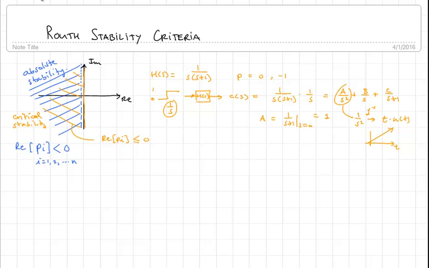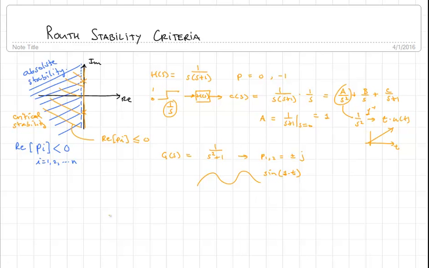The same is true if you have a transfer function, say 1 over s squared plus 1, which would have poles at plus or minus j. So they're on the j omega axis over here. This would be an oscillatory natural response, a sine or cosine of 1 times t.